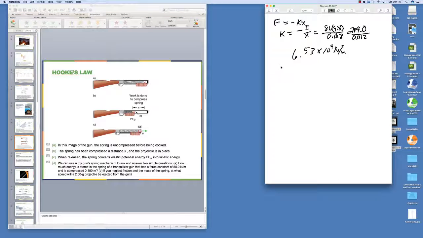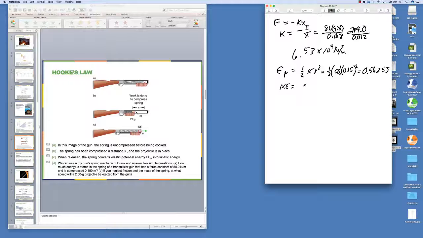So the elastic potential energy is 1/2 kx squared, and that's 1/2 times 50 times 0.15 squared, and that's going to be 0.5625 joules. Now that is going to be converted into a velocity.